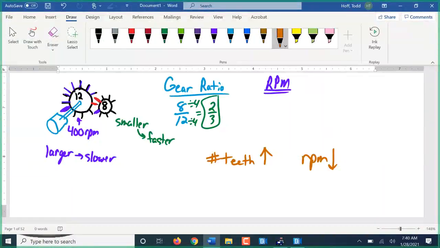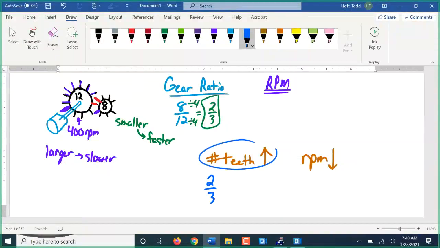I think setting up an inverse proportion is confusing for one, but I think it's not appropriate because the values are not proportional. They're inversely related. Direct proportion is the only true proportional relationship. But anyway, as we look at this, our gear ratio is the 2 to 3.